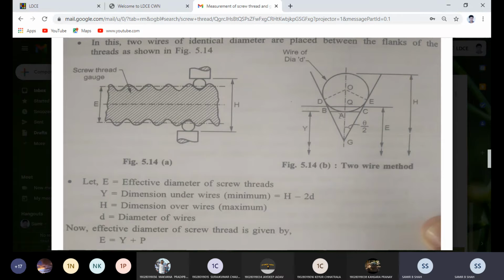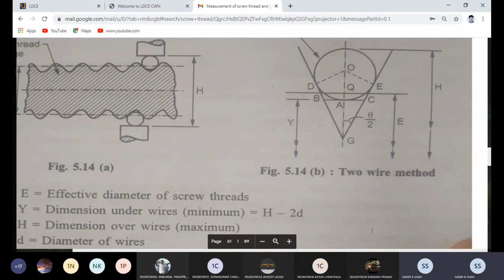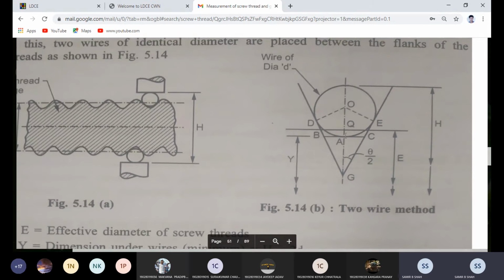Okay, we have both the things. So QA is equal to what? I just zoom it. So QA is equal to QG minus AG. Okay, QG minus AG is equal to QA.